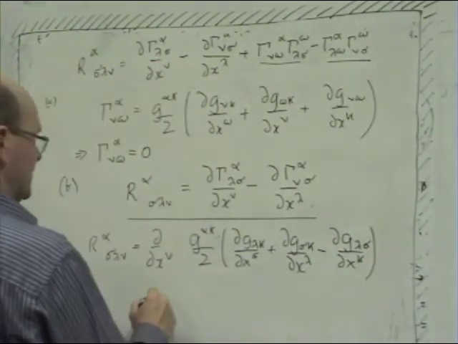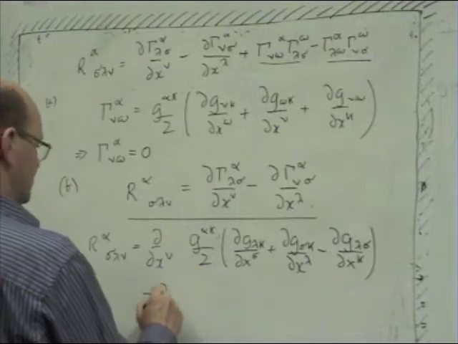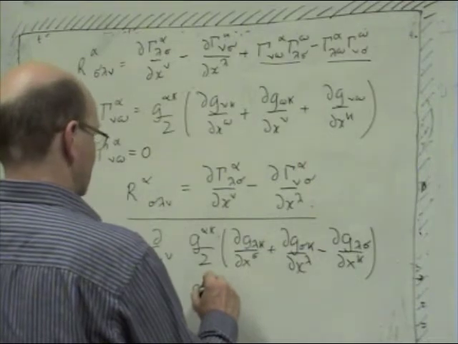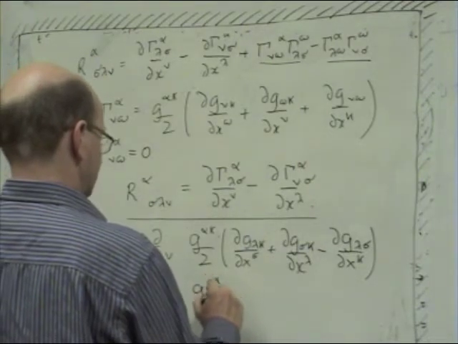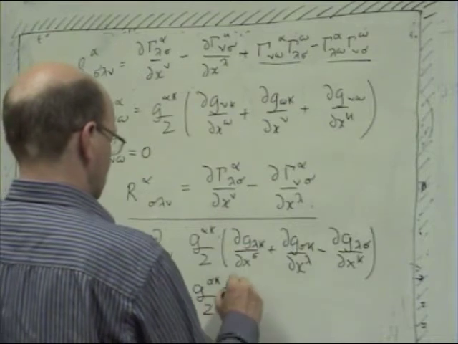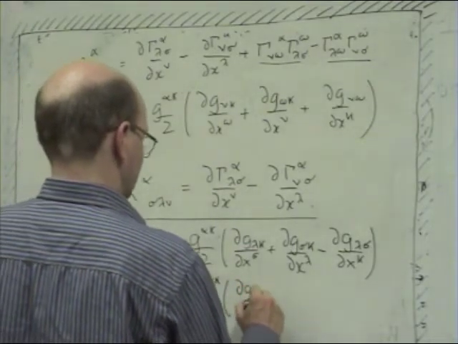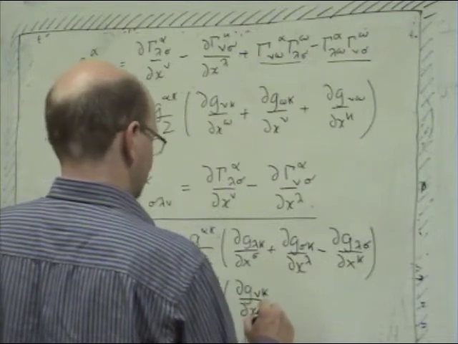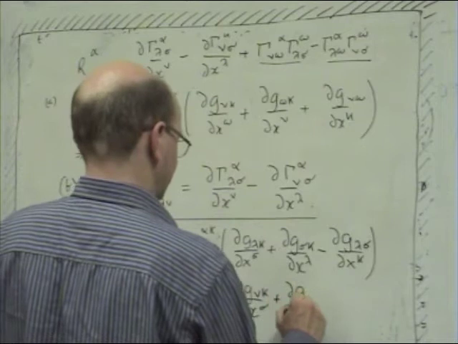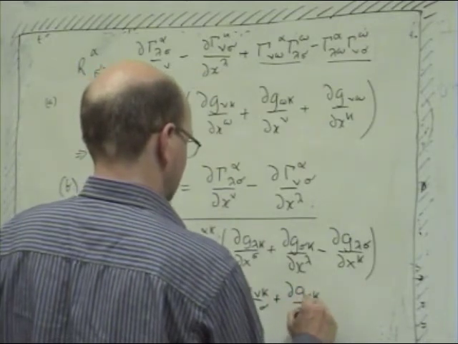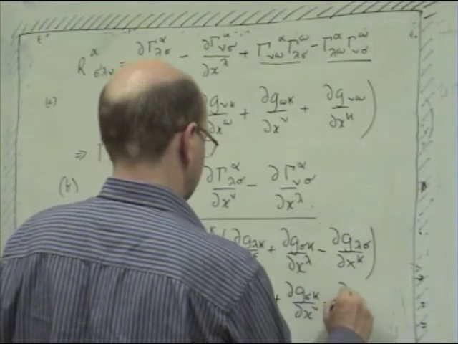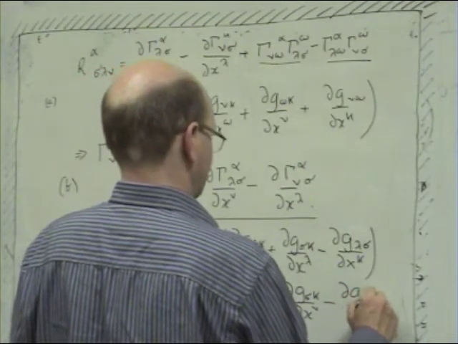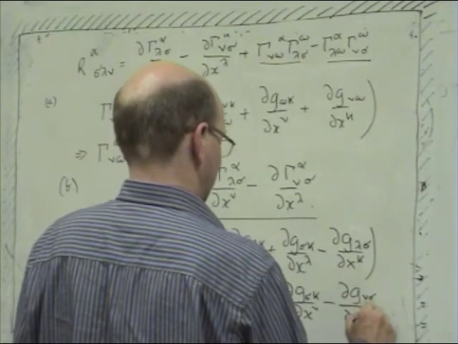That's a lot of stuff. And then minus d by dx lambda of g alpha kappa over 2 times the partial derivative of g nu kappa with respect to x sigma plus the partial derivative of g sigma kappa with respect to x nu minus the partial derivative of g nu sigma with respect to x kappa.